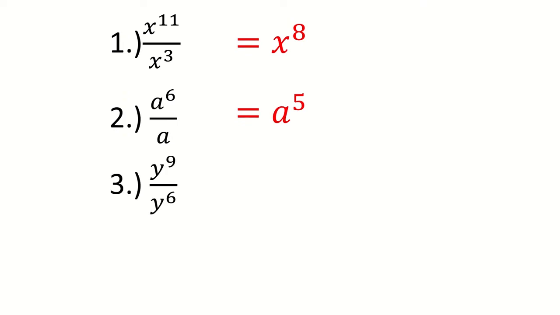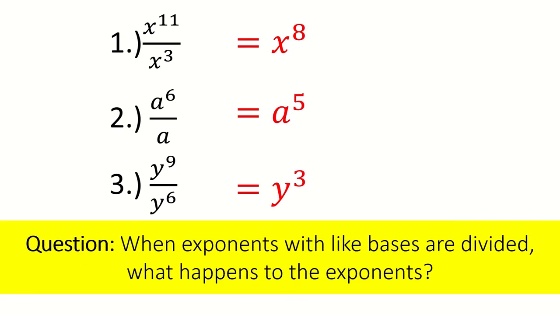How about y to the power of 9 divided by y to the power of 6? Okay, that's correct, y cubed. Now, if you got the same answer, perhaps you're thinking of the correct shortcut. But if not, try to pause this video and figure out how we get the quotient without going through the expanded form.